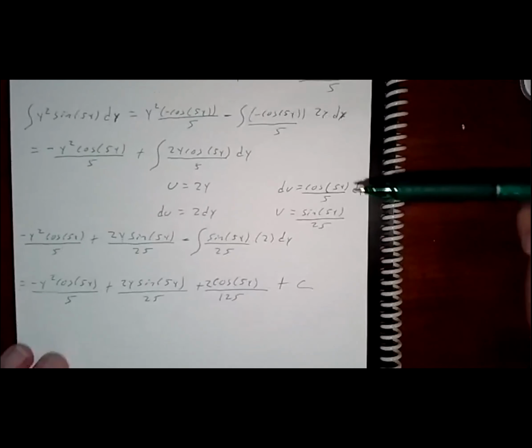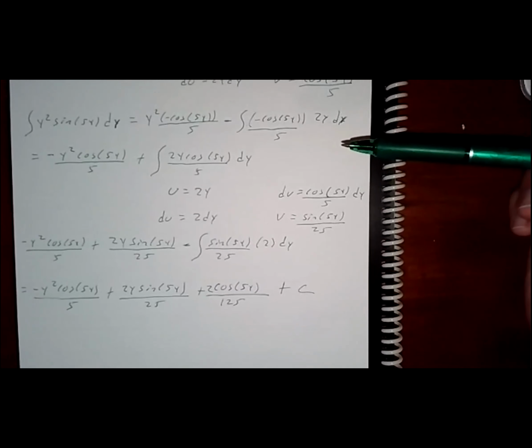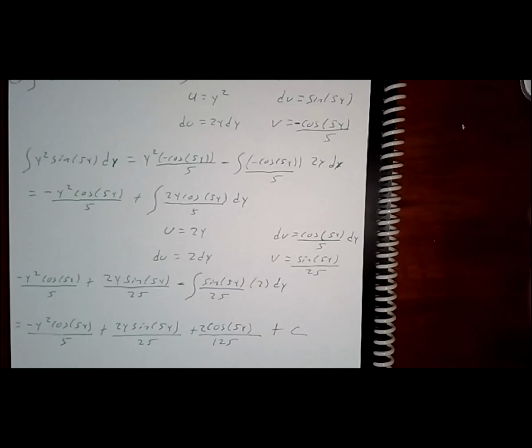Any steps that you guys have questions about? Same for y over 25 times 2. Where do you get the number 2 over here before the dy?